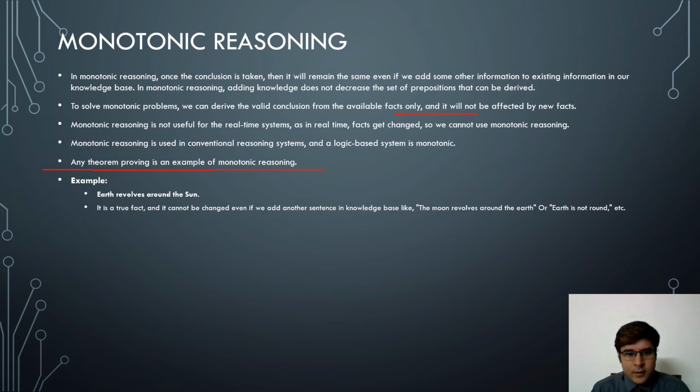So this example is a set of monotonic problem solving, and another example will be earth revolves around the sun. It is a true fact and it cannot be changed even if we add another sentence in the knowledge base like the moon revolves around the earth or the earth is not round, etc.